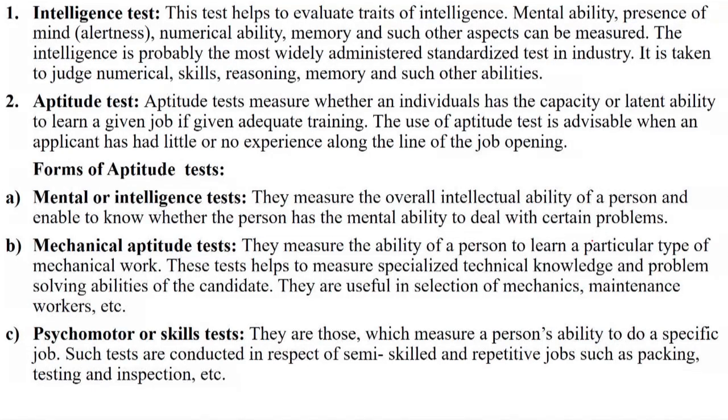That means we try to see the mental capacity of a person, whether the person is able to take in the content of the job, how alert the person is, what the numerical ability of a person is, how careful the person is, or any other such traits. Intelligence is probably the most widely administered standardized test in industry.